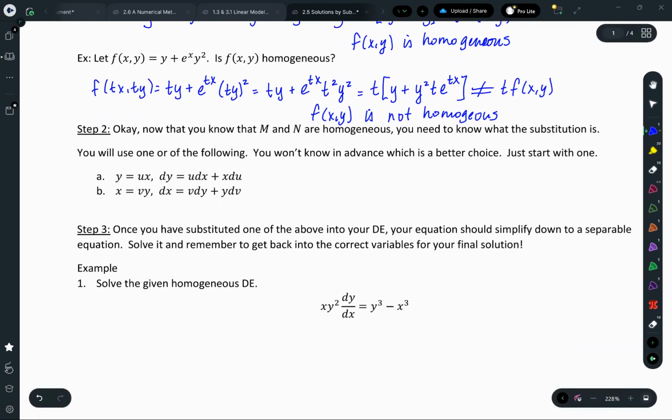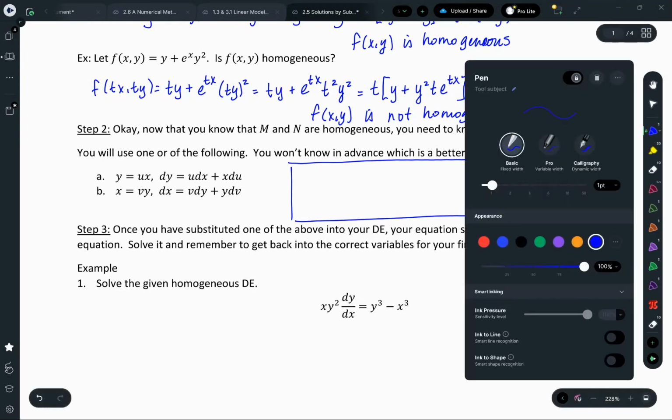Step 3, once we have substituted one of the above substitutions into our differential equation, then our differential equation will be separable. And that is what you have to remember, okay? So let's put this in here. This is like in bold.